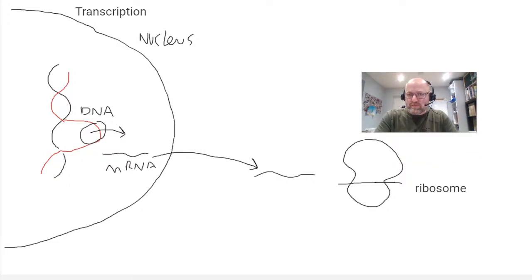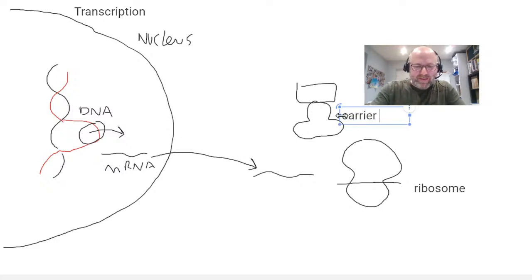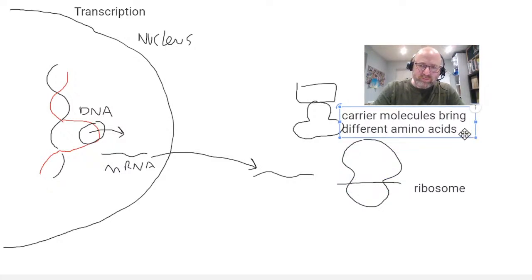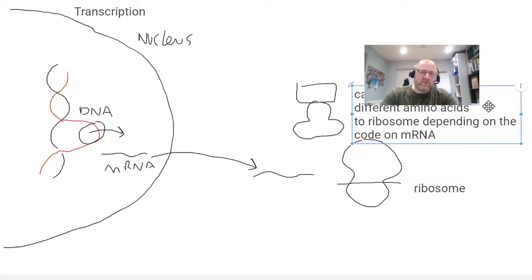What you need to know in AQA is that carrier molecules, which have a special name you don't need to know, so I'm just going to call it a carrier molecule, bring different amino acids to the ribosome depending on the code on the mRNA.